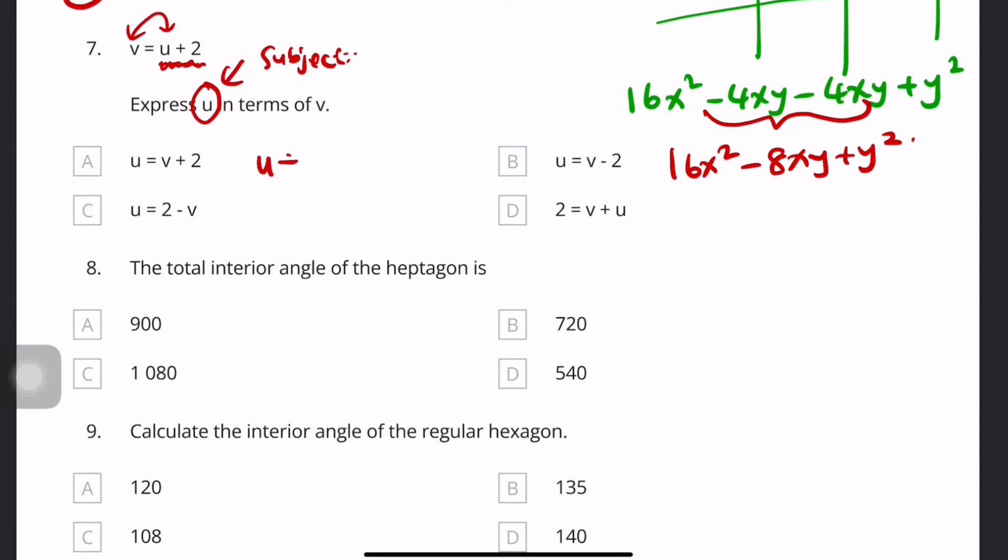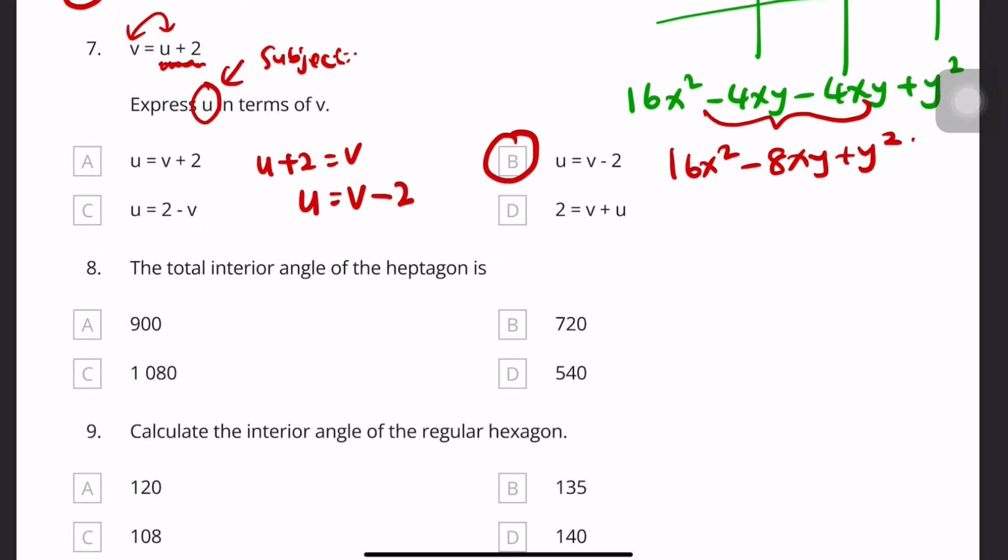So u plus 2 equals v. Then you want the left side of this equation to be only u. So we want u equals to, so plus 2, you move it to the other side, you will get v minus 2. So your answer is B.